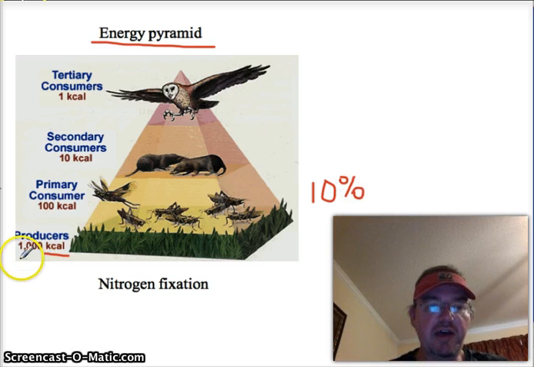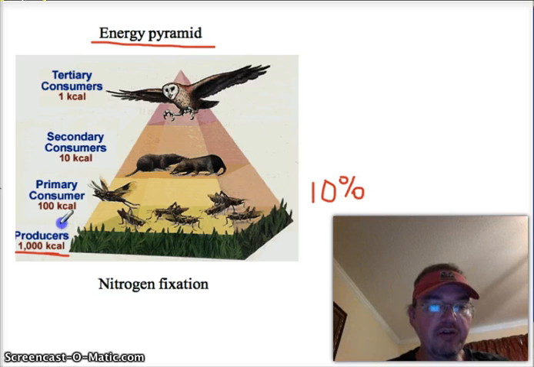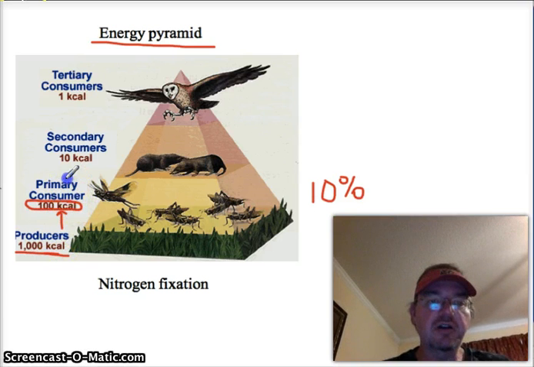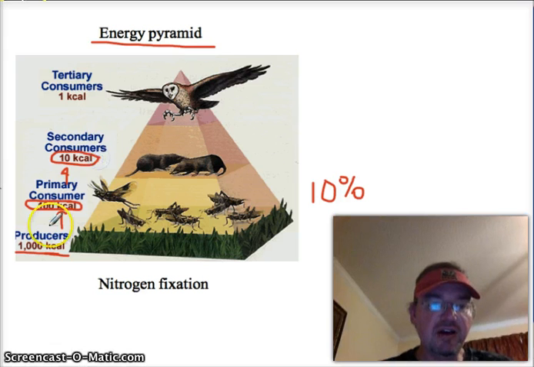So we have 1,000 calories that these plants take from the sun, and they use most of that before they are even eaten by, say, the grasshoppers. Grasshoppers only get about 1/10 of that original amount. Then look up here, we have the moles, I suppose that is, which only get about 1/10 of the 100, 110 and 100.